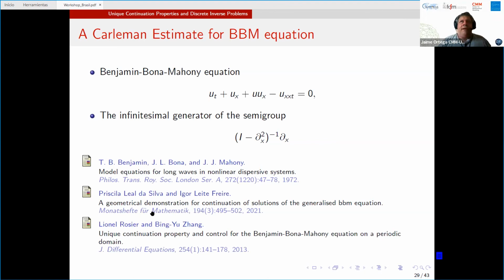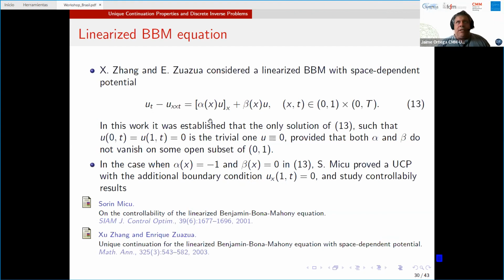The main idea is that we can write the BBM equation in the linear case and ask the same question. I have this equation with a potential alpha, and the main question is: if I have enough measurements on the boundary, is it possible to recover alpha?